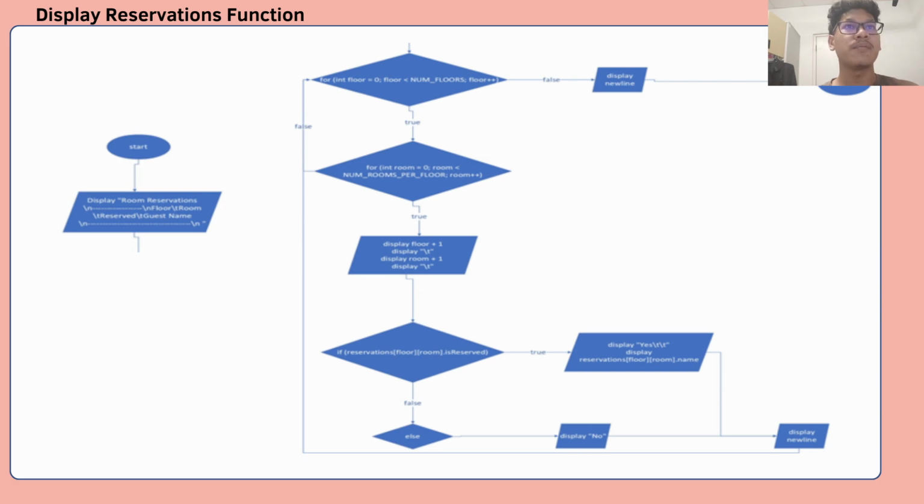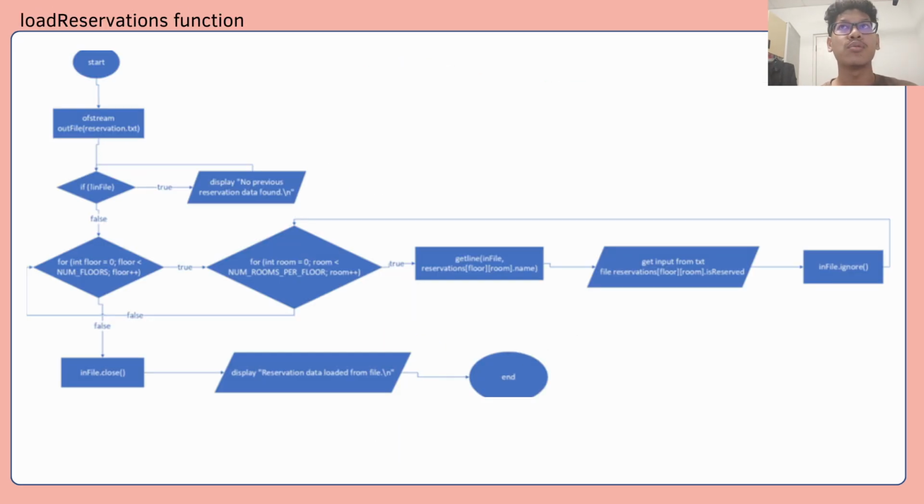And we also display the floor. We display the floor plus 1, and also we display the room plus 1. And then we go to the load reservation function. The load reservation function is used to show the reservation that we have changed.